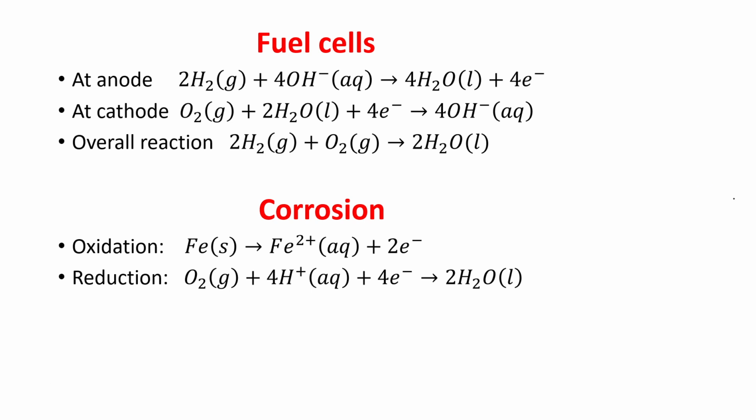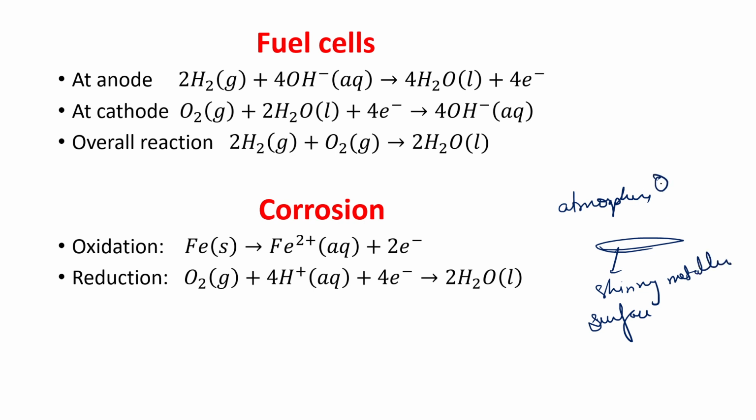We know that if we place iron in the atmosphere, iron has a shiny metallic surface. If you place it in an atmosphere containing O2 and H2O, what will happen? Rust will start developing, brown colored rust. What is this brown colored rust?